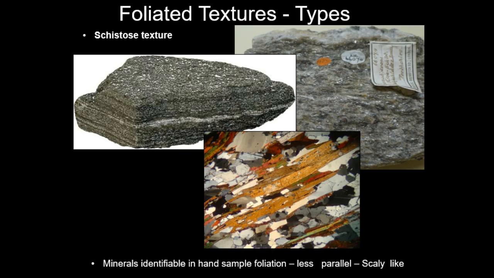Sometimes they may also contain large quantities of chlorite or talc, which are both minerals formed from metamorphism, as well as those other three. We'll look at these a little bit later in the lecture, but those are all called index minerals, and they're characteristic of a specific metamorphic grade.